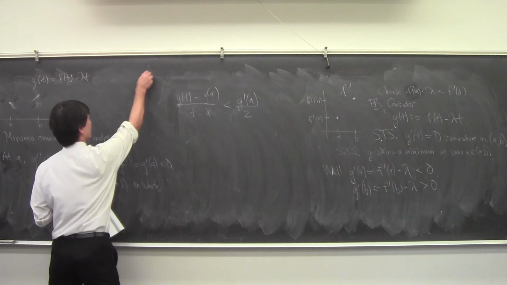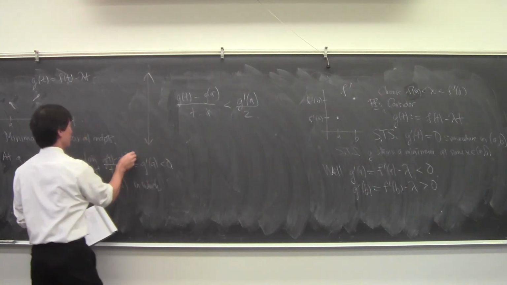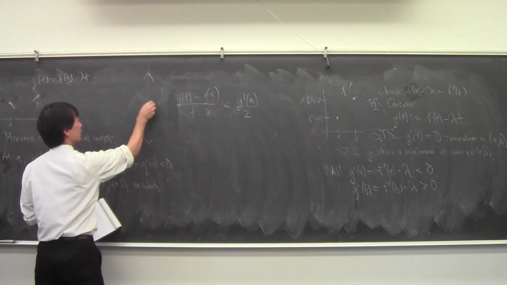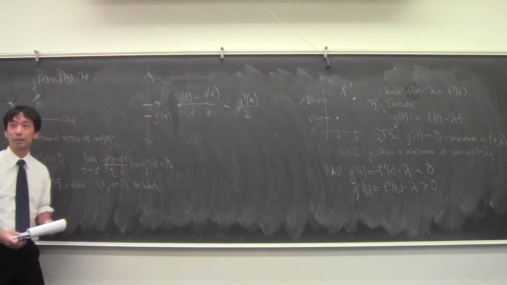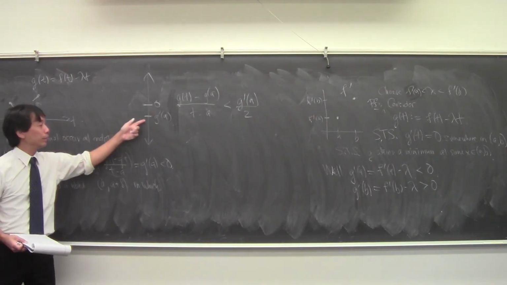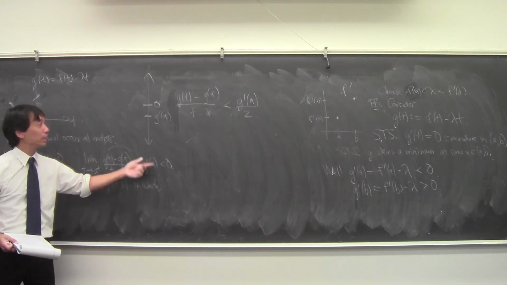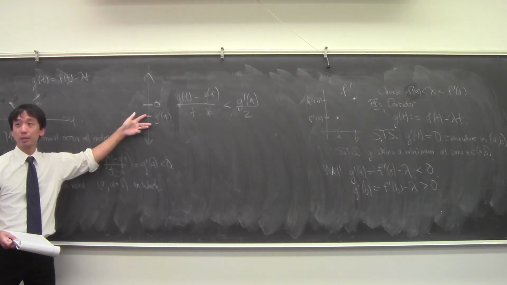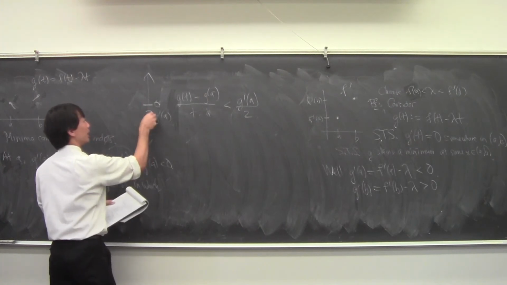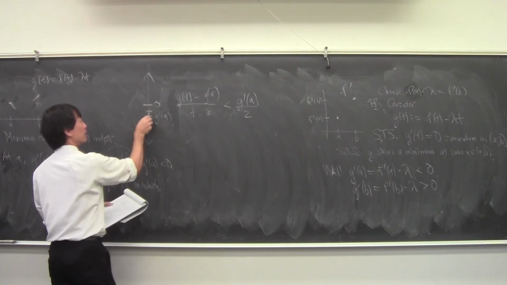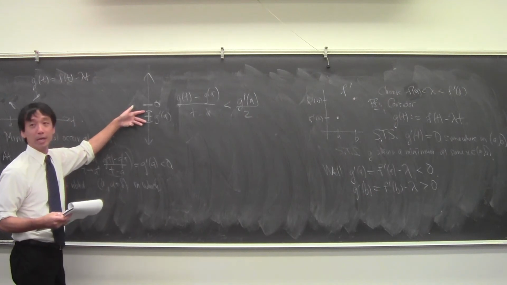Let me draw the picture. This thing here is 0. Here is g prime of a. I know that the limit of this thing is g prime of a. So I know there's some neighborhood in which I'm trapped between this plus half and minus half neighborhood.